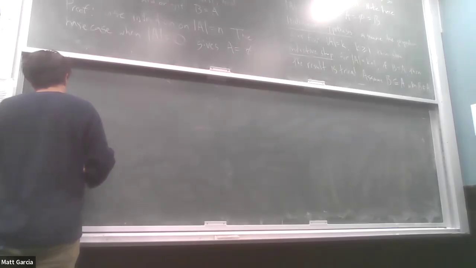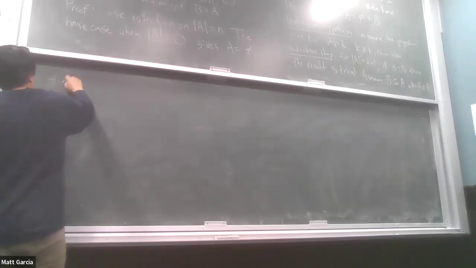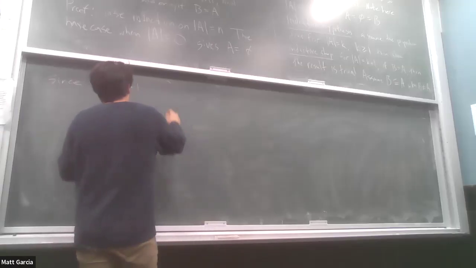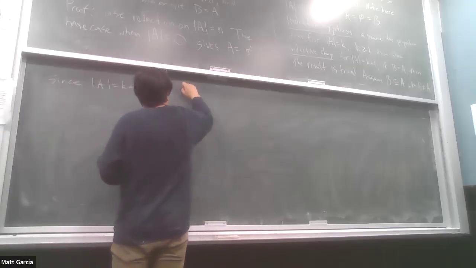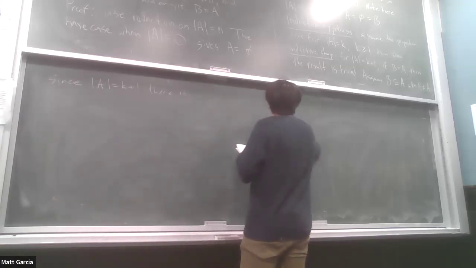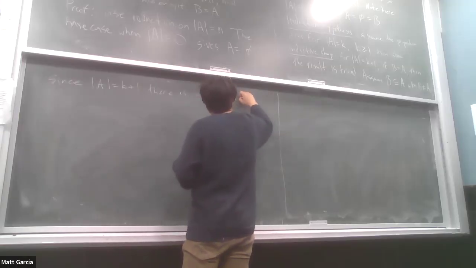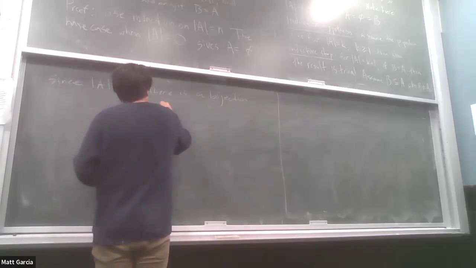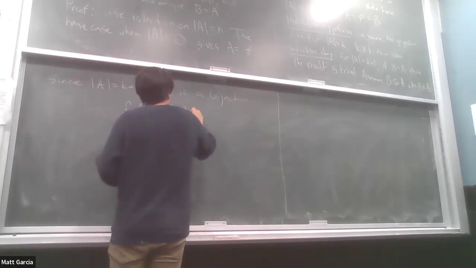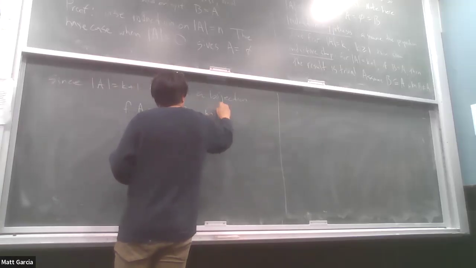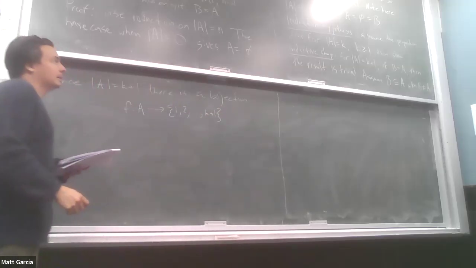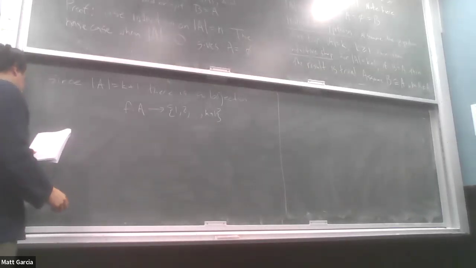Since we have the cardinality of A is equal to K plus 1, there is a bijection F, which goes from A onto the collection of the first K plus 1 positive natural numbers.